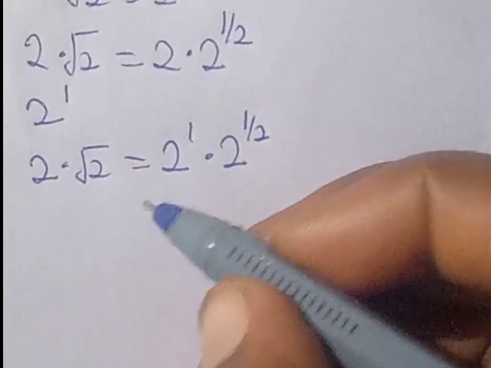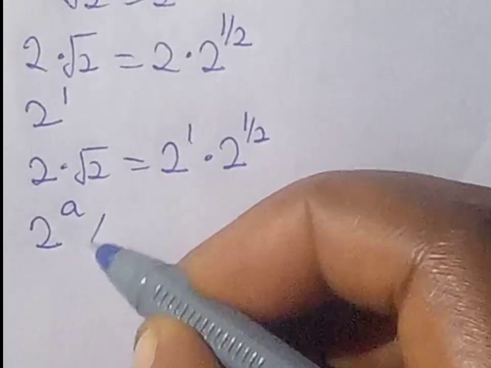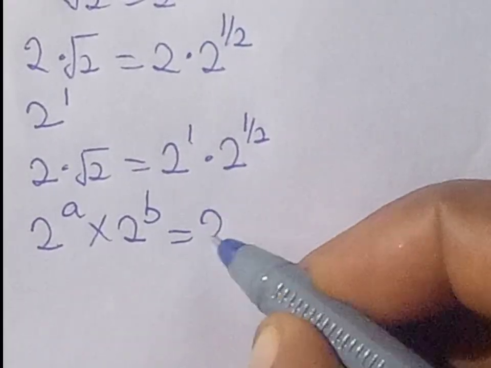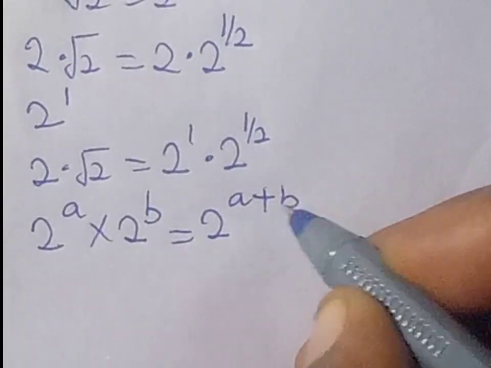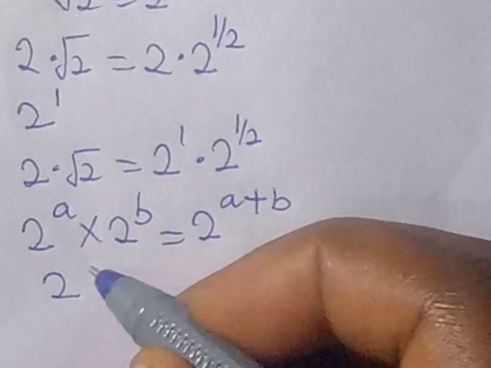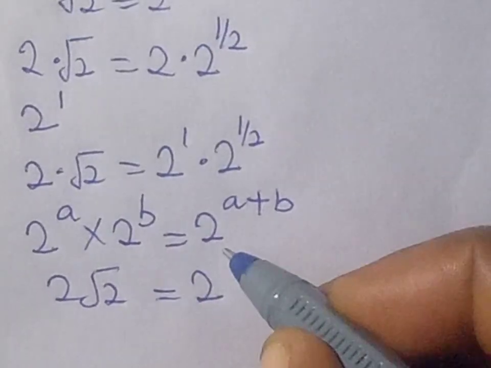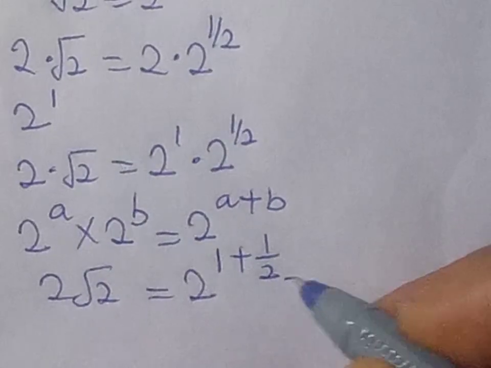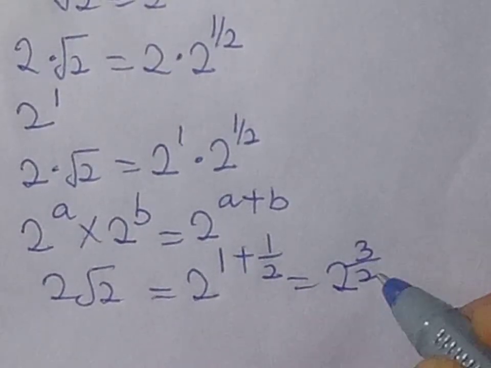Using our exponent law, which says 2 raised to the power of a times 2 raised to the power of b equals 2 raised to the power of a plus b, that means 2 times root 2 equals 2 raised to the power of 1 plus 1 over 2, which will give us 2 raised to the power of 3 over 2.